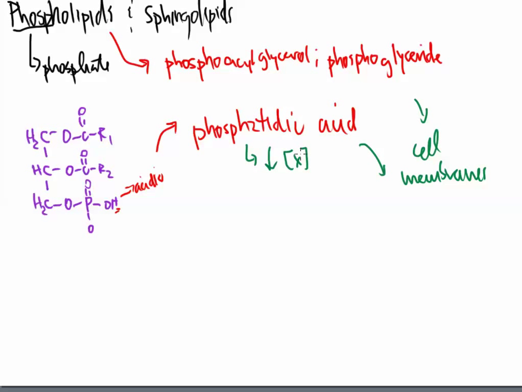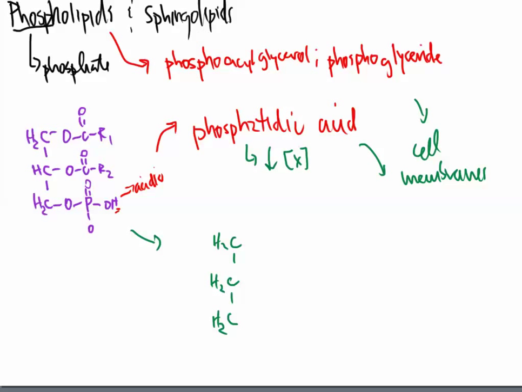So basically what that means is that we take this phosphatidic acid structure, and we just replicate it. So let me draw another version of a phosphatidic acid down here.